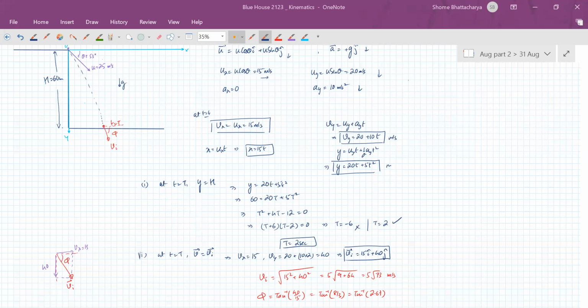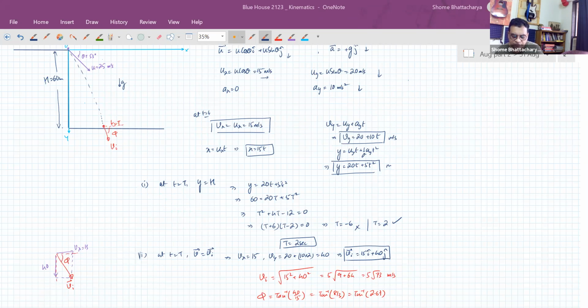Sir, yes, the range would be 30, right? We also have to find the range. So range will be 15 into 2. That's correct. 30. The horizontal displacement, okay, will be the value of the x coordinate at time 2 seconds, or capital T. So that's correct.